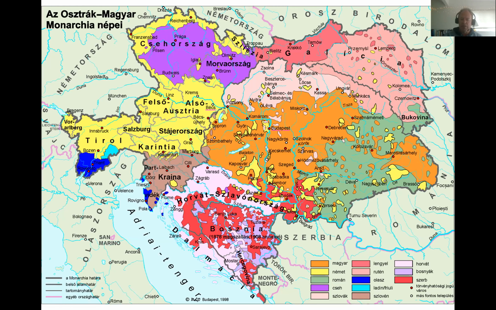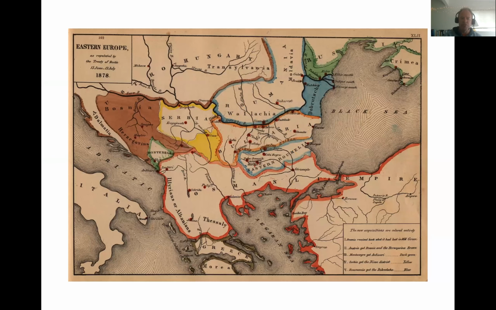Now, it's not just in Austria-Hungary that we see these ethnic divisions. It's also here in Southeastern Europe. This was a part of Europe that was ruled by the Ottoman Empire for the 16th, 17th, and into the 18th century, but the Ottomans start to decline in power in the 18th and 19th centuries, and gradually these newly created countries in Southeastern Europe, small, weak, ethnically polyglot countries, emerge.